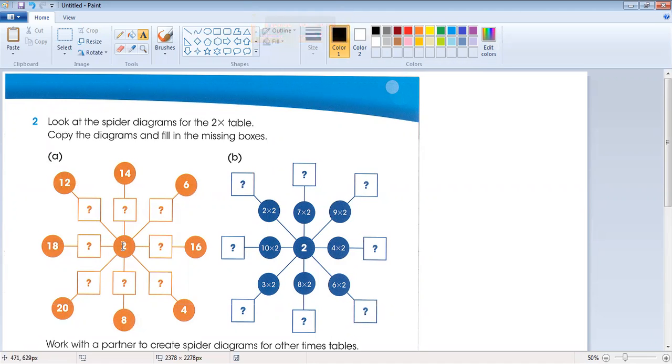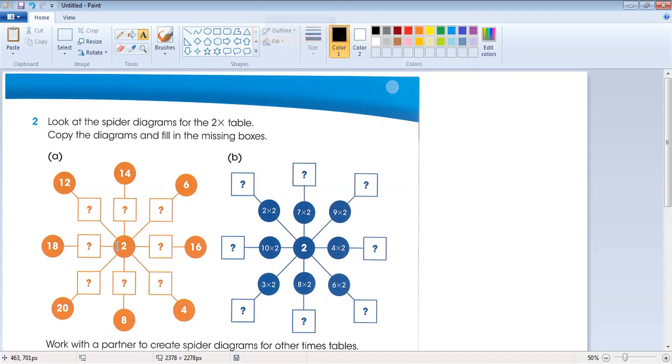You can see this is 2. Now you know this table 2, and the given values here are 6, 14, 12, 18, 12, all this. So we will fill these boxes. With table 2, if we multiply 2, we will use table 2 here. 2 ones are 2, but 2 is not here.